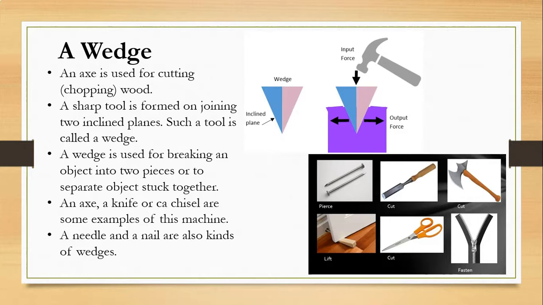Now, if you observe a needle carefully, it has a tip which is pointed, and it goes into the cloth. Sorry, not thread, but the cloth. So actually what it does is it separates the thread and goes inside. So a needle is also an example of a simple machine, which is a wedge.